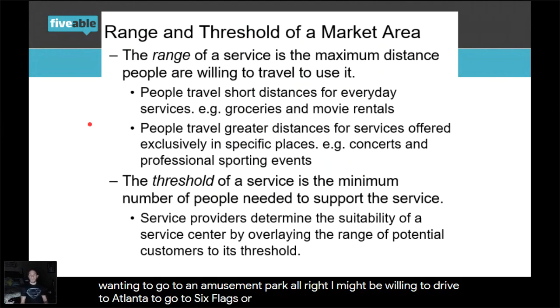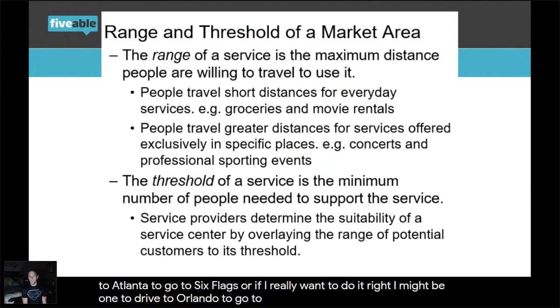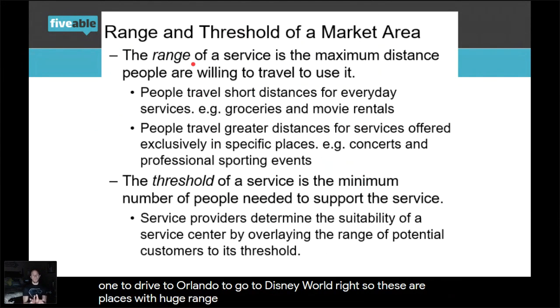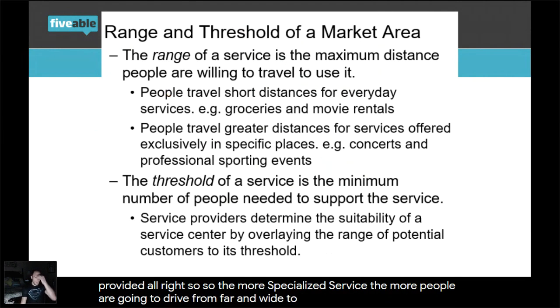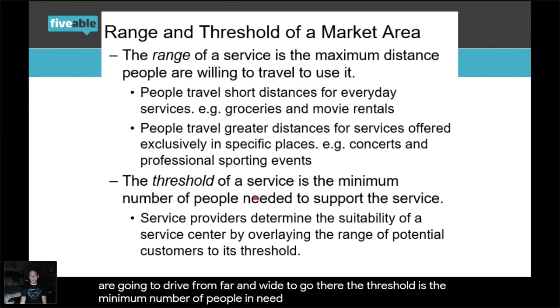Or if I really want to do it right, I might be willing to drive to Orlando to go to Disney World, right? So these are places with huge range, again, relative to the kind of service being provided, all right? So the more specialized the service, the more people are going to drive from far and wide to go there. The threshold is the minimum number of people needed to support the service.